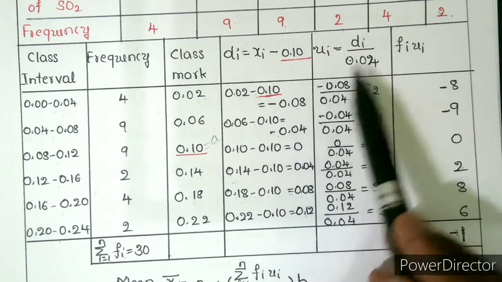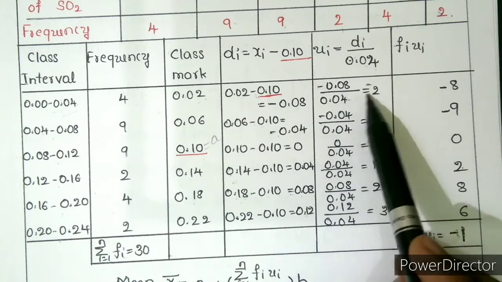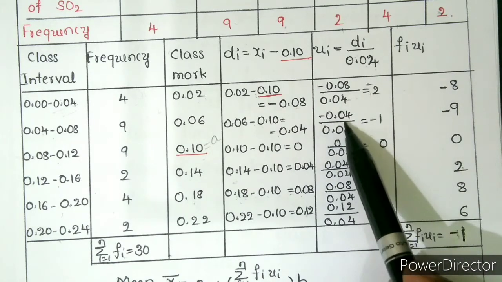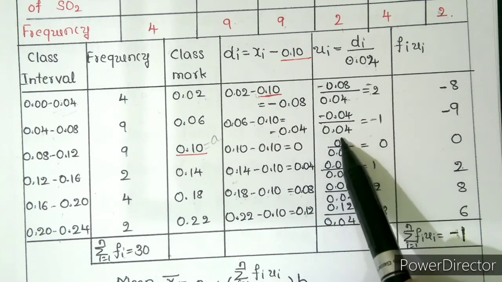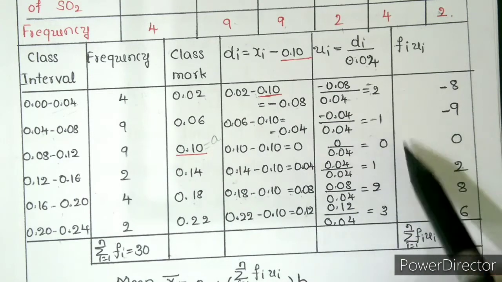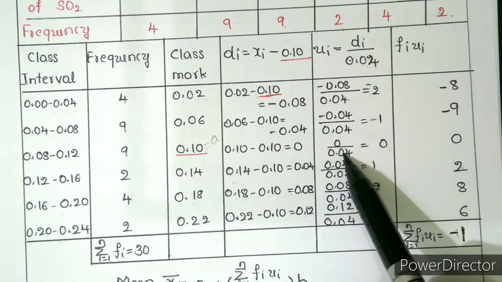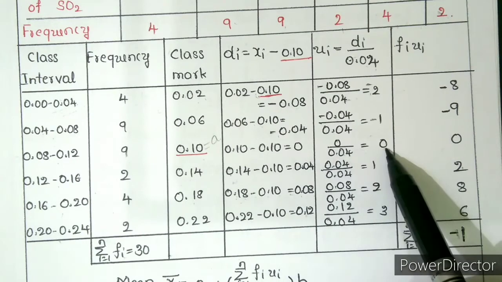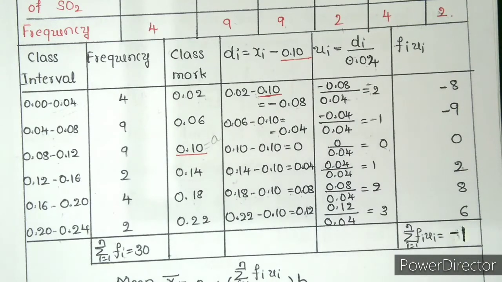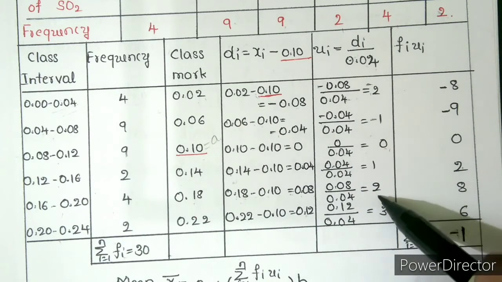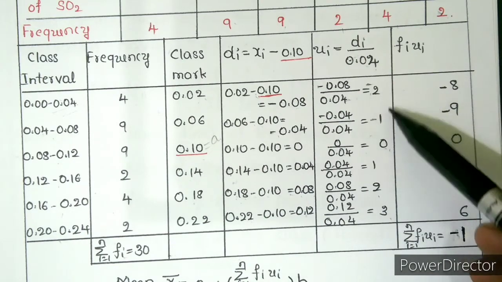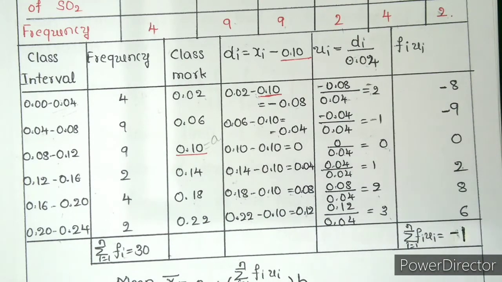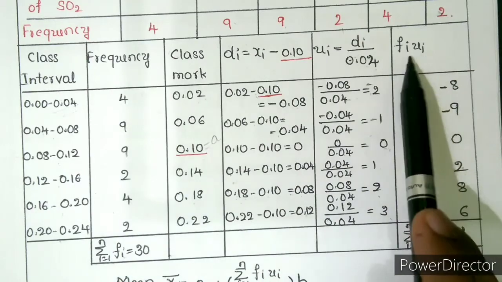Minus 0.08 divided by 0.04, you get minus 2. Minus 0.04 divided by 0.04, you get minus 1. 0 divided by anything, you get 0. 0.04 divided by 0.04 is 1. Next 2, next 3. So ui is minus 2, minus 1, 0, 1, 2, 3. Now it is fi ui.